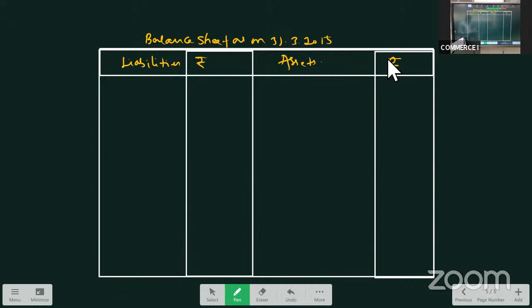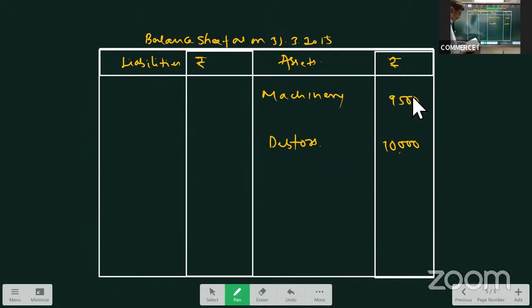Okay, purchase, opening stock, returns, debtors. Debtors are 10,000. They are an asset. Salaries, machinery. Machinery is an asset, 9,500. Then the insurance, depreciation, wages, furniture. Furniture again is an asset, 6,400. Drawings.